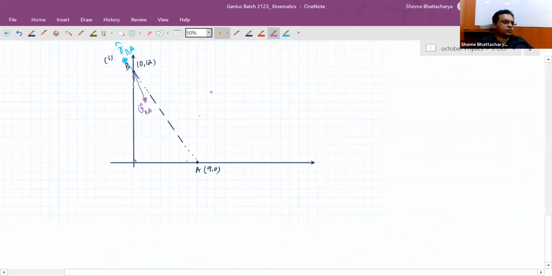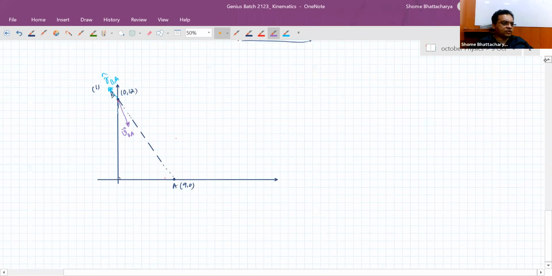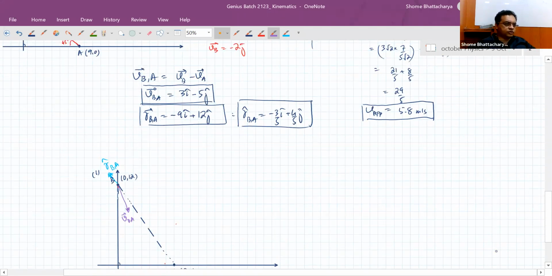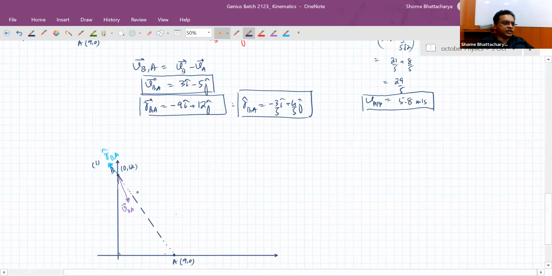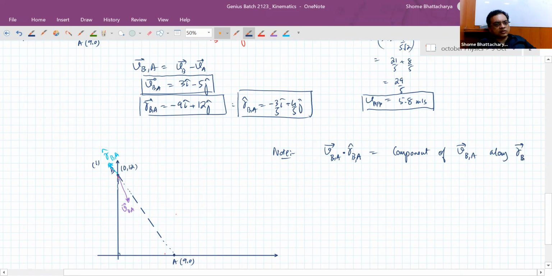So now what I want is the component of B's relative velocity towards A. That's what I want. So what will happen if I take the dot product? It will give me the approach velocity with a negative sign. If I take VBA dot product with R cap B, this will give me the component of the relative velocity of B with respect to A along this.